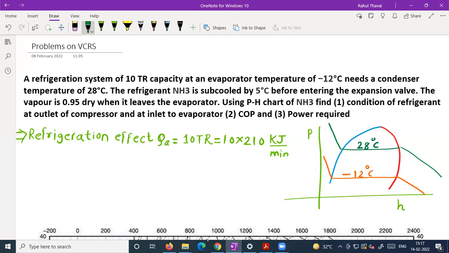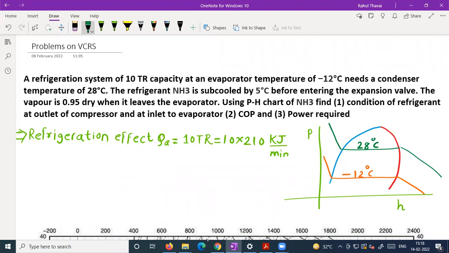The very important thing which you need to remember in this particular cycle is that you always have 2 temperatures and 2 pressures: condenser temperature, condenser pressure, evaporator temperature, evaporator pressure.